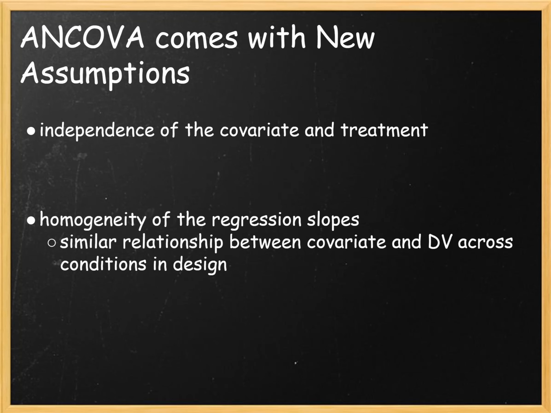Assuming that the independent variable is an experimental manipulation, it should not influence the covariate. The best way to make sure that that is true is to assess the covariate prior to the manipulation of the independent variable. If the covariate is assessed after the manipulation, you may be on shaky ground with the assumption that these variables are independent of each other.